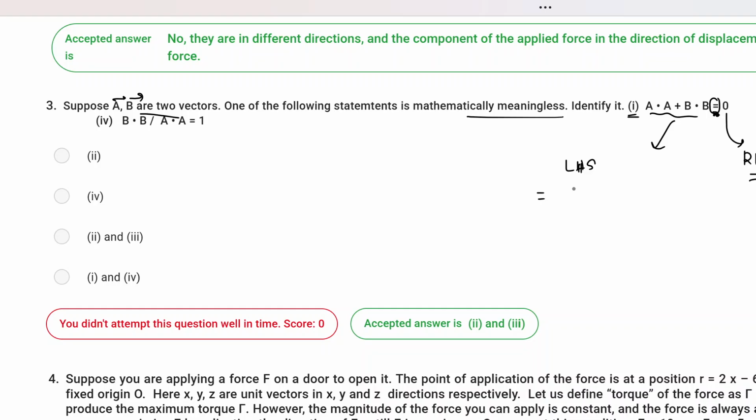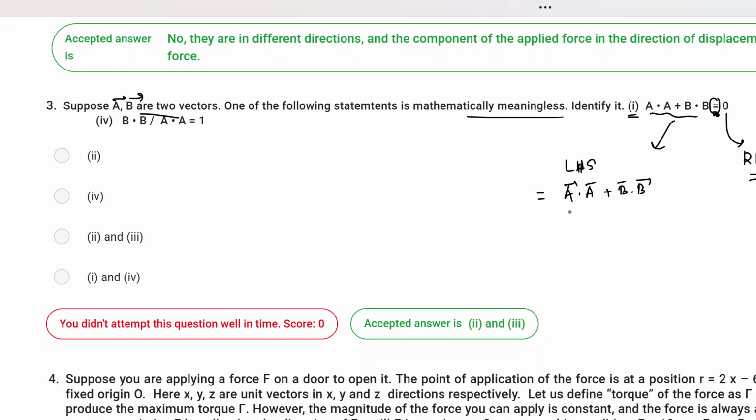How to decide? So A dot A plus B dot B, is it a scalar? What do you think? It's a scalar. Yes, that is absolutely correct, because whenever you take a dot product of two vectors, that is going to give you a scalar quantity, which only has a value and does not have any direction.